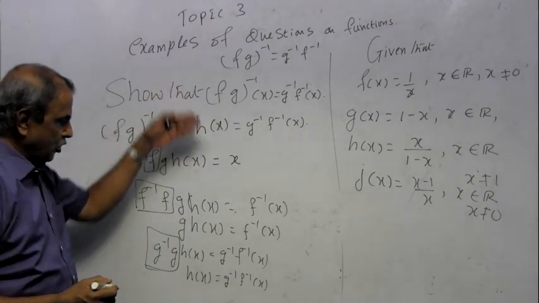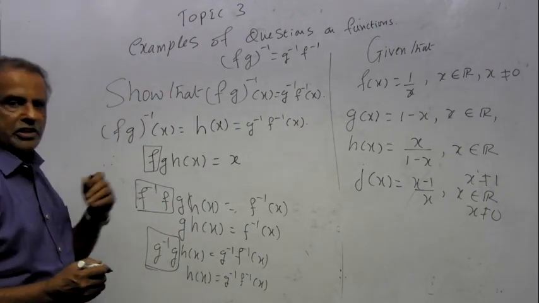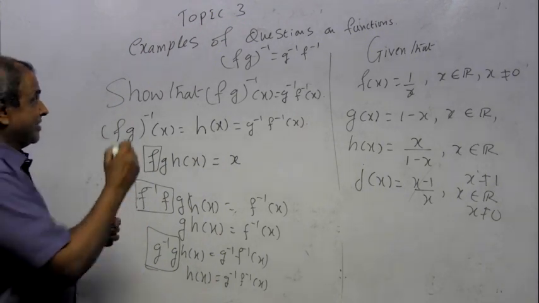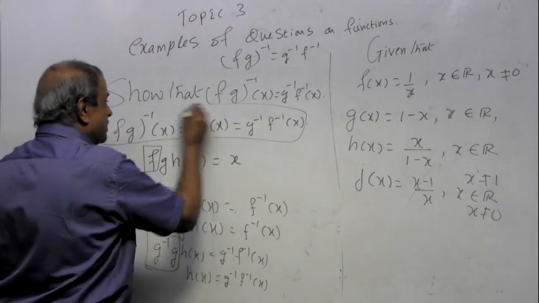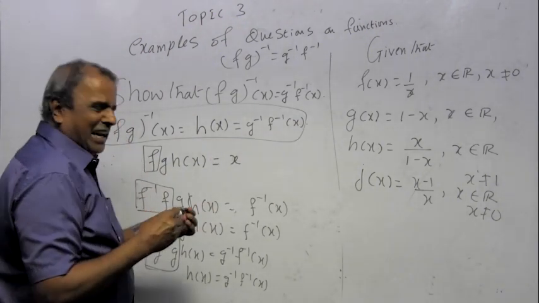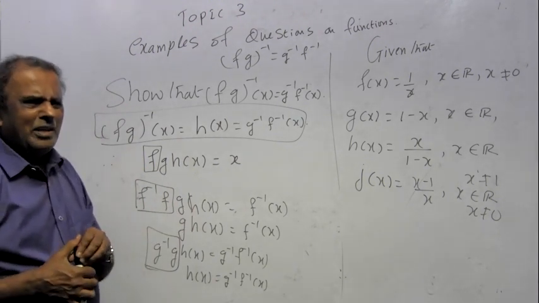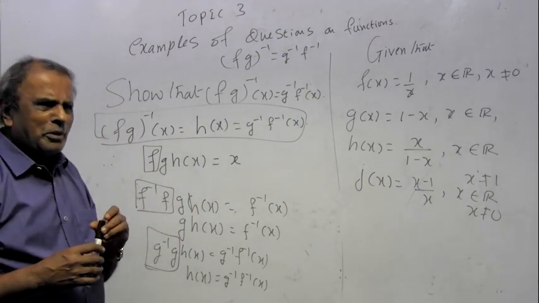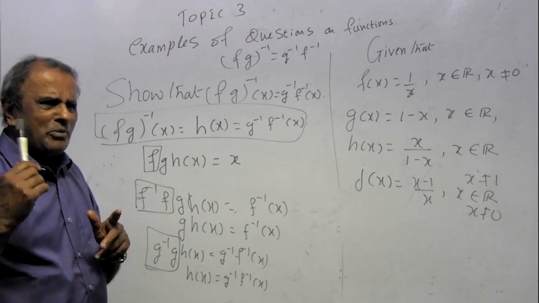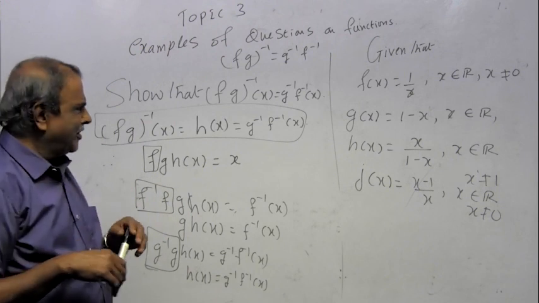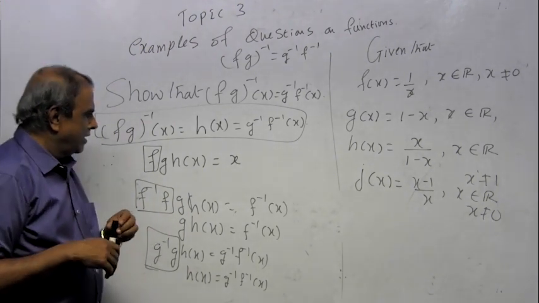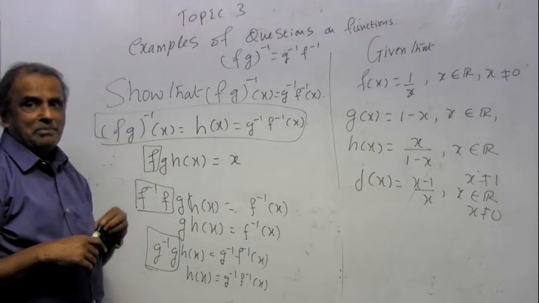So that is how you show the inverse of a composite function. And this I've come across in a number of question papers. I think mainly in some of the OCR papers, I've seen it once somewhere in CIE and once in Edexcel too. And it's very common in Indian papers, obviously.